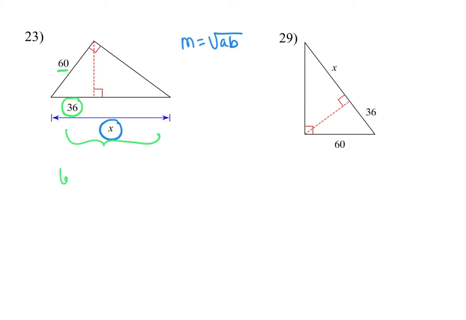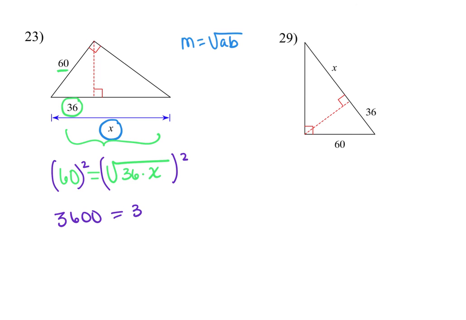So that means 60 is the geometric mean between the 36 and the x. Since my x is on the inside, I need to square both sides. 60 squared is going to be 3,600. Equals, when I square the square root, it just goes away. And so I'm going to get that x equals 100 here. X equals 100.